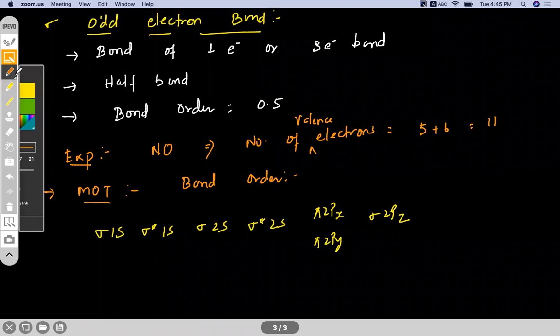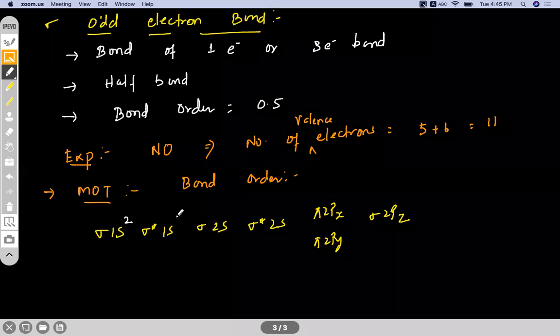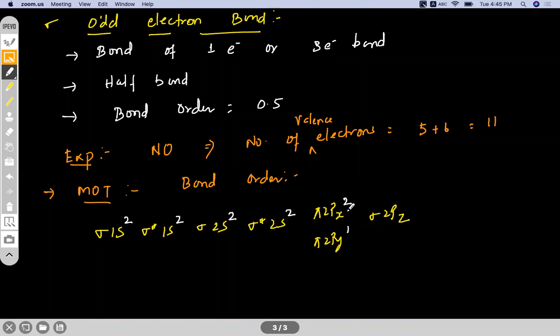So we have 2 electrons here out of 11, 2, then 4, then 6, then 8, 9, 10, 11. This is the distribution of electrons. Okay, so bond order, if you calculate, number of electrons in bonding molecular orbitals, that is 2, 4 plus 3, 7, minus number of electrons in antibonding orbitals, that is 4, divided by 2, and we have 1.5, the bond order.